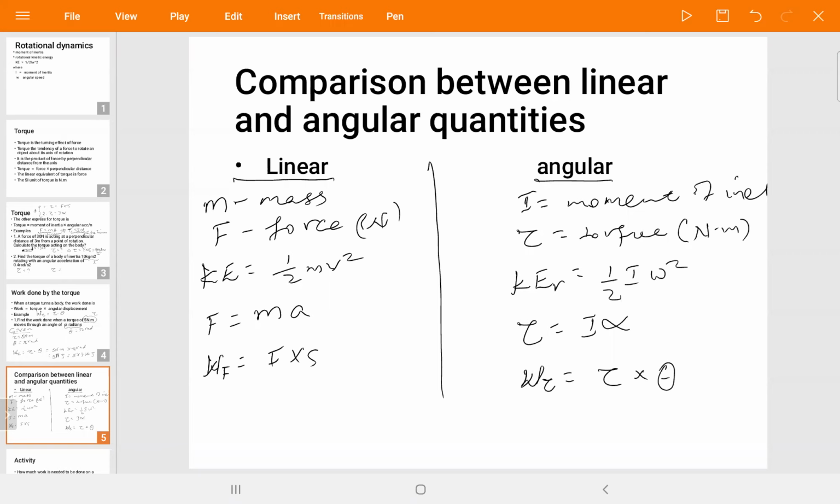For force, linear is mass times acceleration, and the torque becomes inertia times angular acceleration. Similarly, for linear work done, F times S, but for rotational it becomes torque times theta. And then you can find problems in your textbook, and you need to practice them.